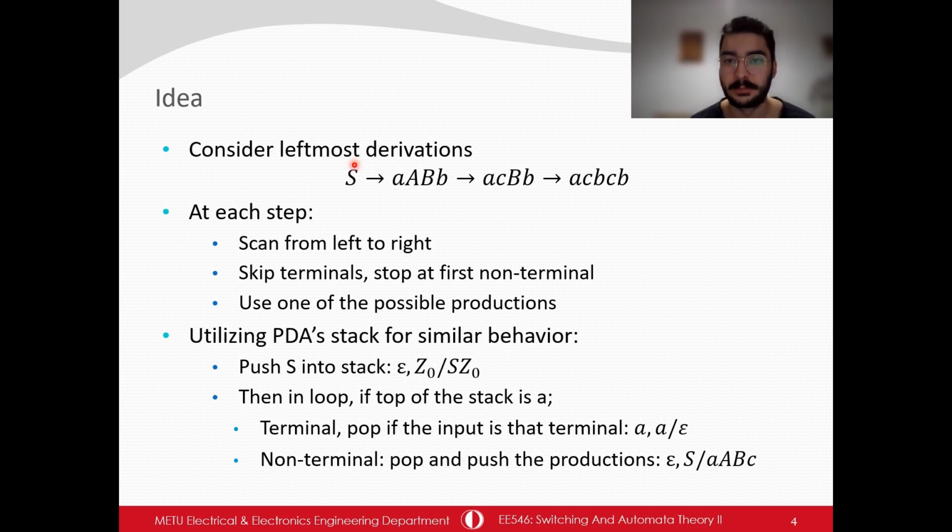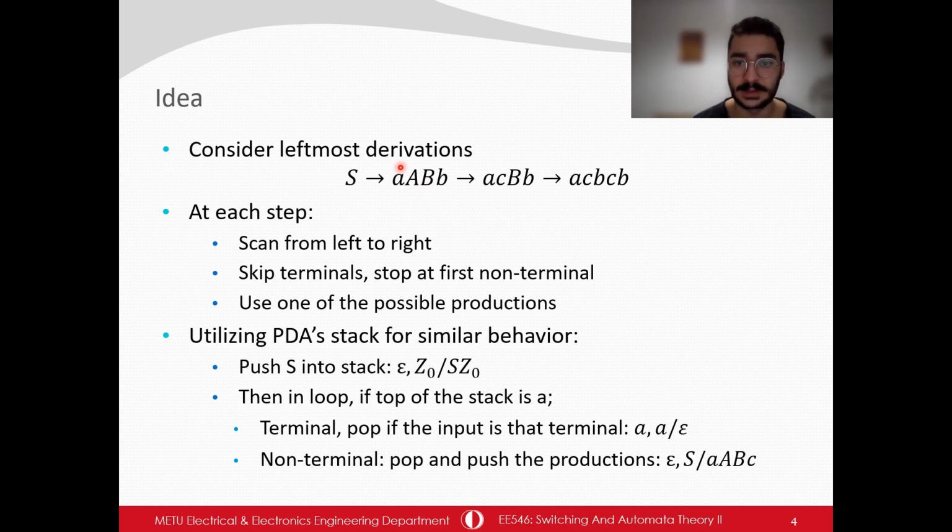What should we do? We pop this, in the stack's perspective, and then we push one of its possible productions. When we push, we have all of these symbols. Each of these characters, terminal and non-terminal, corresponds to a unique stack symbol. So we popped one symbol, we pushed 4 in this case.